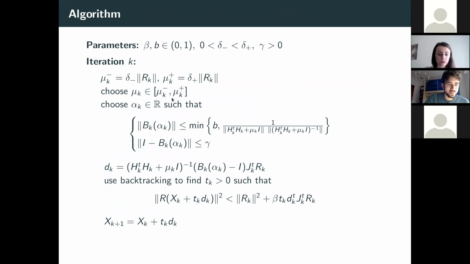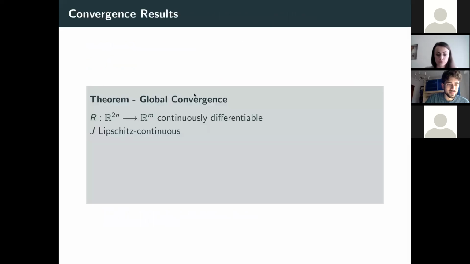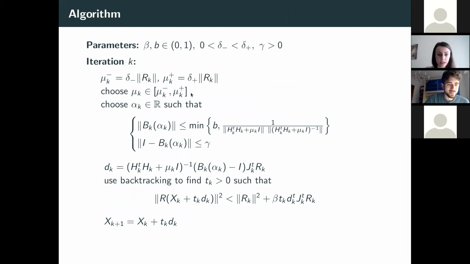So first of all, we are not specifying here any way to choose this mu k. We just impose these bounds that depend on the value of the function, and then I suggested a way that was intuitive for choosing that correction coefficient alpha k. But from the theoretical point of view, we need these two bounds to hold.